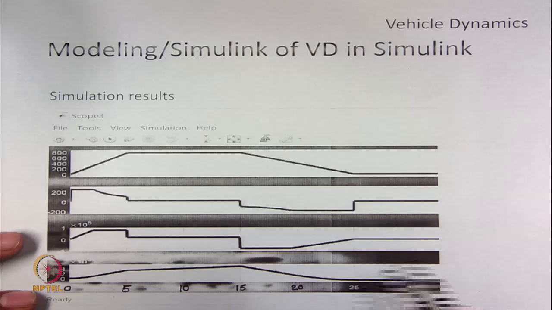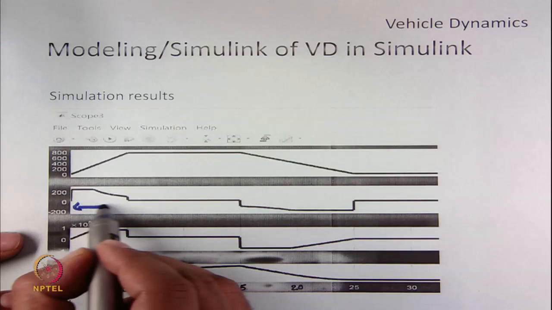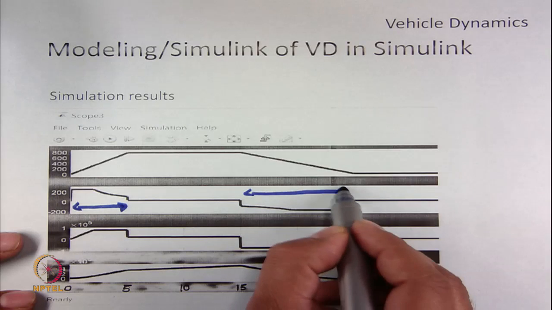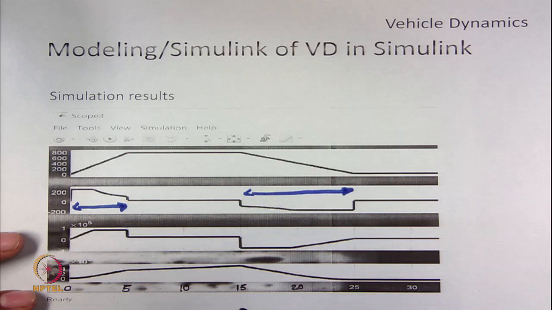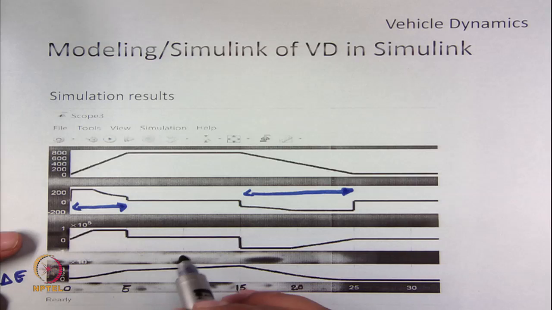In this mode you can see that the acceleration is only for this period, but the deceleration is for a wider period. Here we are able to recover some energy from the wheels, and so the net energy is negative. We are able to charge the battery if we operate this kind of driving profile.